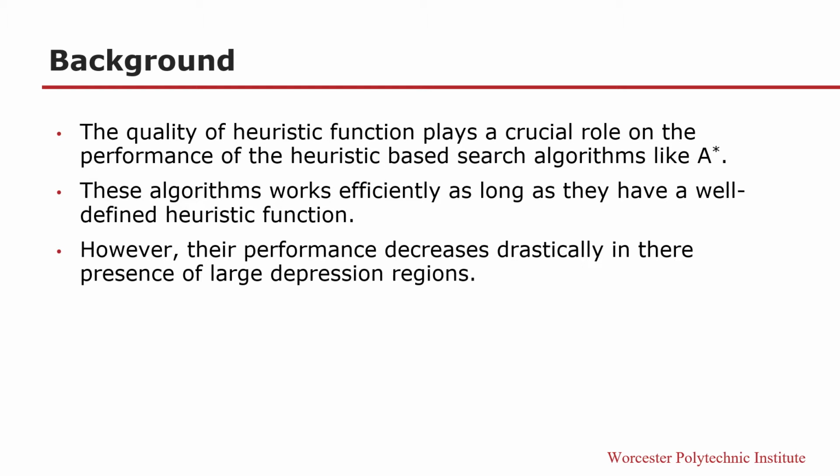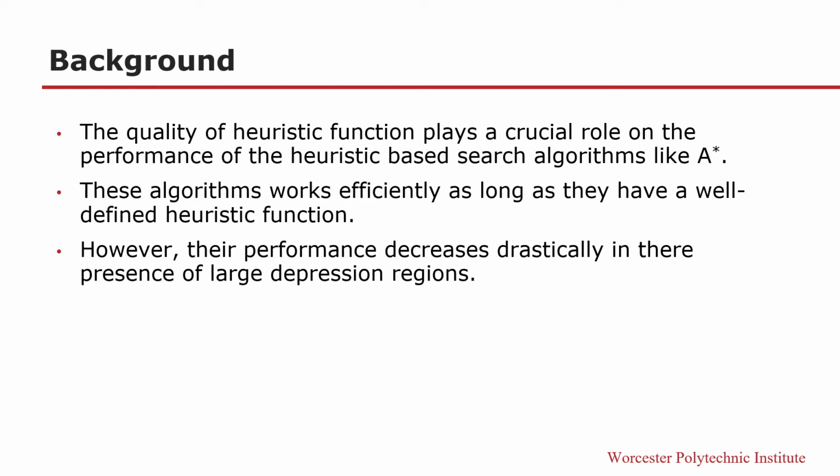Now, for many high-dimensional applications, it is difficult to include all of the complexity of the problem in a single heuristic function. As a result, the performance degrades drastically, and there will be occurrence of large depression regions in the search problem.